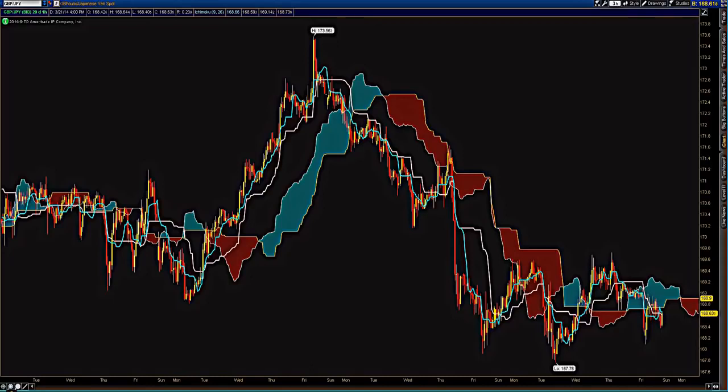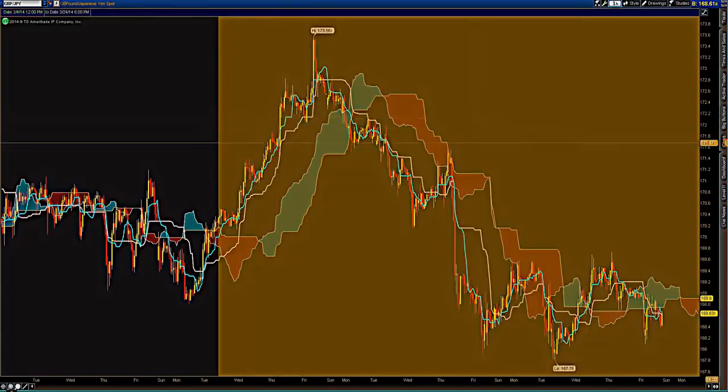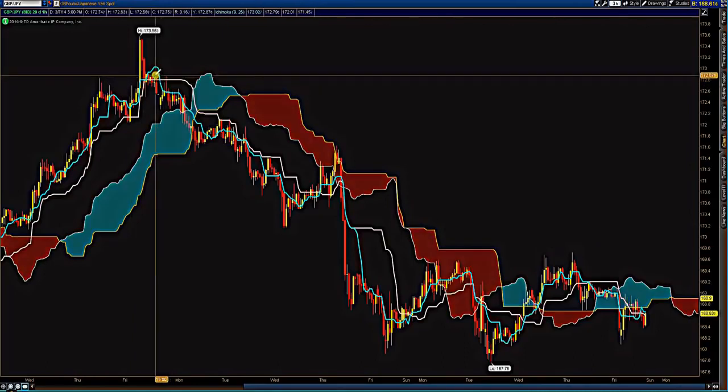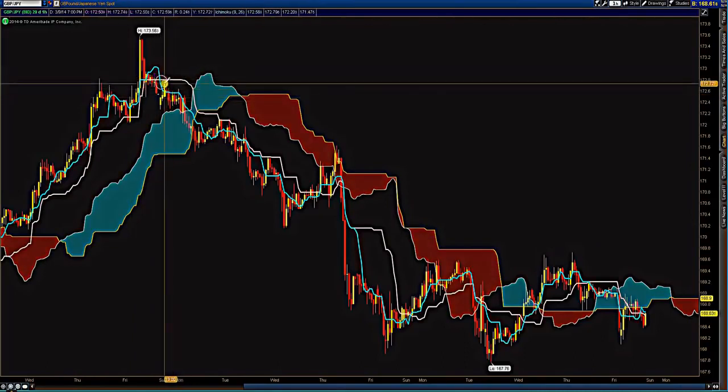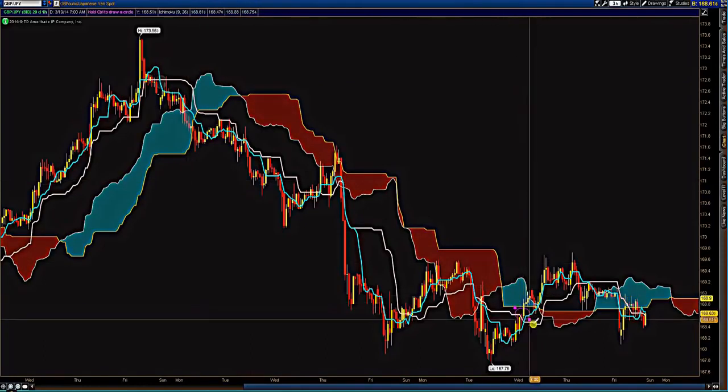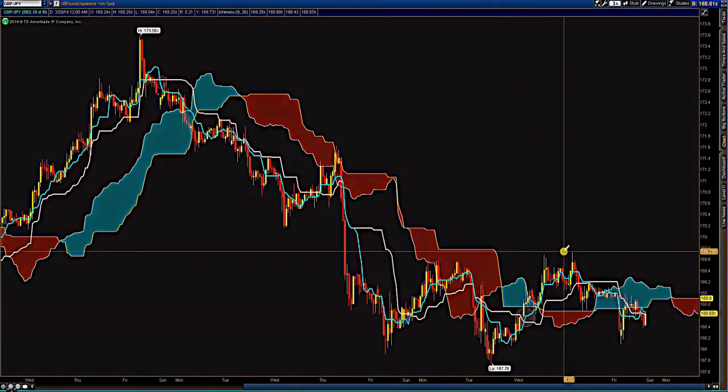Meaning if the 50 crosses above the 200, that's your golden cross, and if the 50 crosses below the 200, that's a death cross, and you should be looking for short opportunities. Similar situation here. If the Tenkan-sen crosses below the Kijun-sen, in this case right here, that's a bearish signal. And if it crosses above it, like right here, that's a bullish signal.